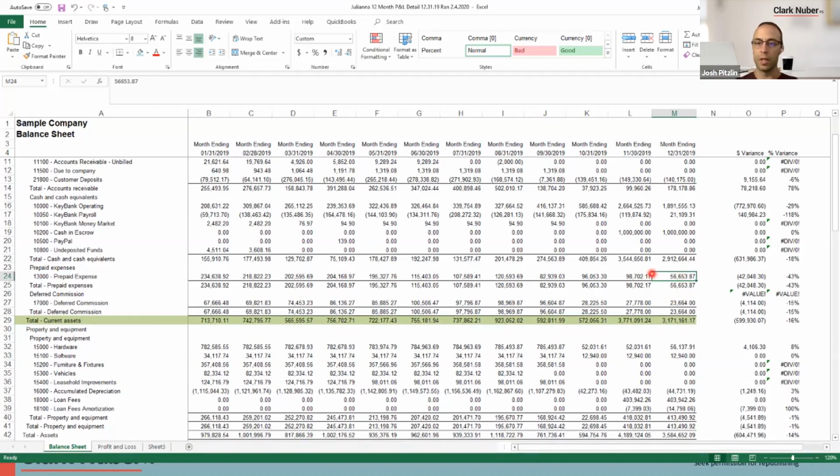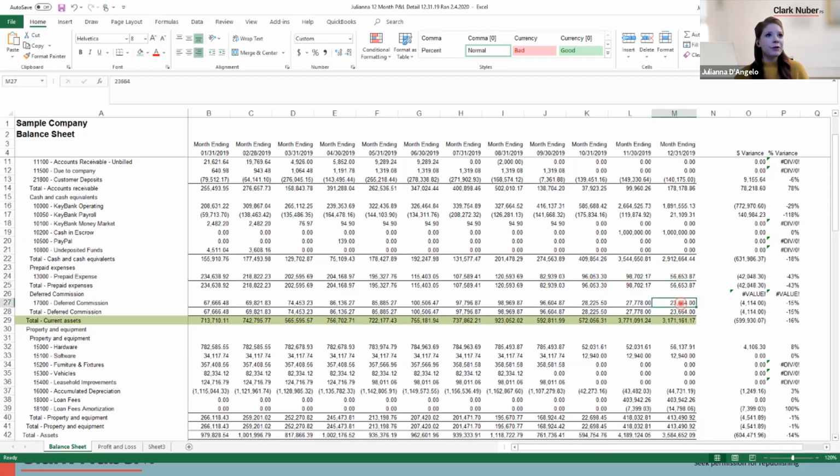So if you're reconciling that, like David was demonstrating, oftentimes the best way to keep track of that on an ongoing basis is to have an outside schedule to monitor. For prepaid expenses, David had a schedule that had monthly balances. So he can use that one schedule, and you can see all the historical balances, the balance for December, the balance for November, and each of them would tie to these balances right here.